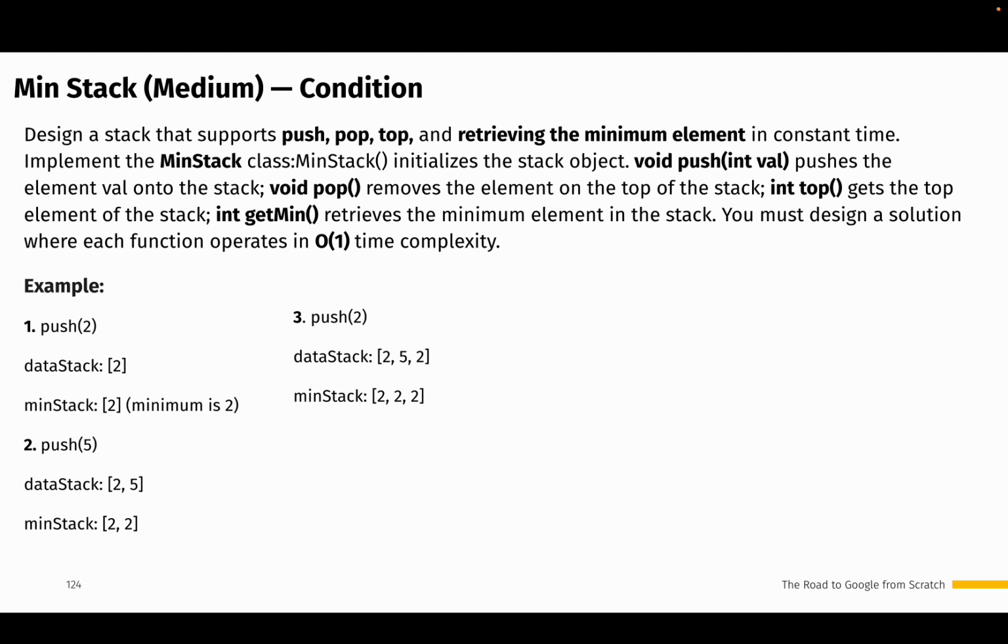So to solve this problem, we set up two stacks instead of one. The main stack is where we push all elements as usual, and an auxiliary minimum stack. So we will have two stacks: one simple stack where we push our elements, and a minimum stack where we store minimum values.